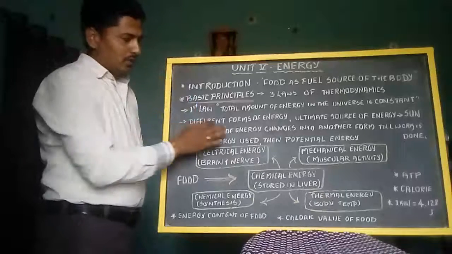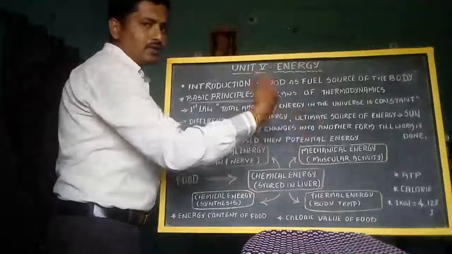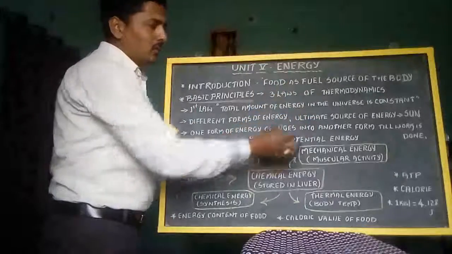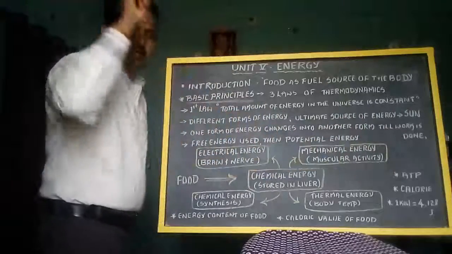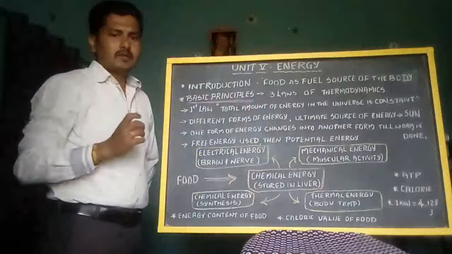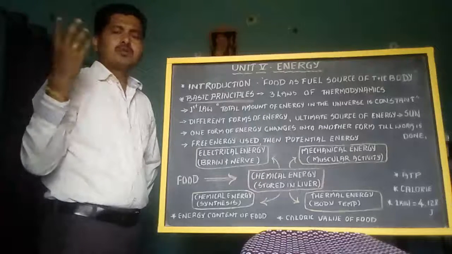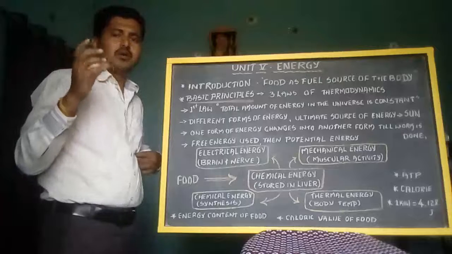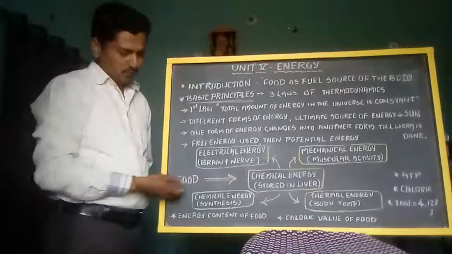There are different forms of energy available in the universe. One form of energy can be converted into another form, and the ultimate source of energy is the sun. Sun is the main source for all types of energy. With the help of photosynthesis, we get food.